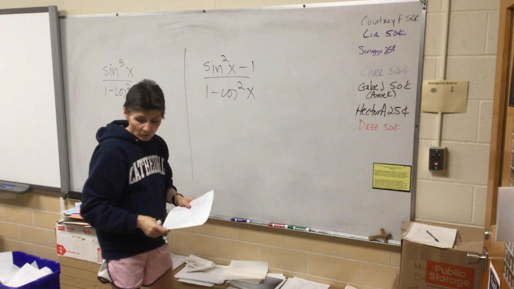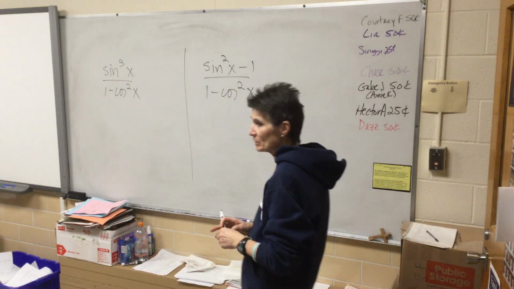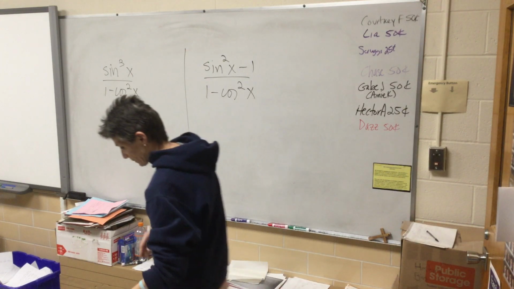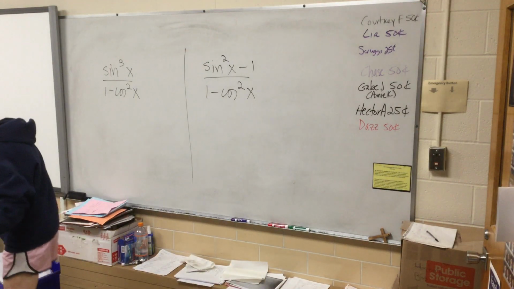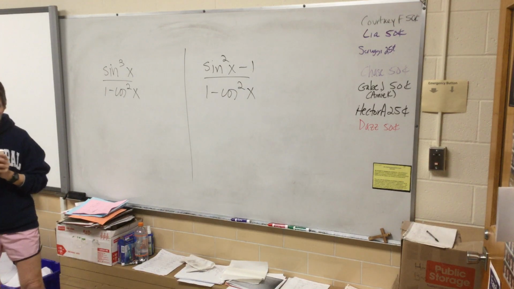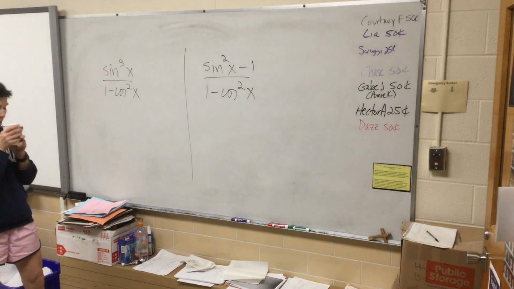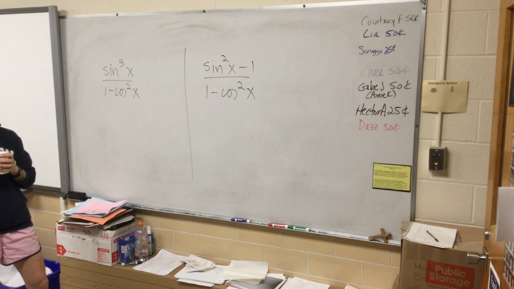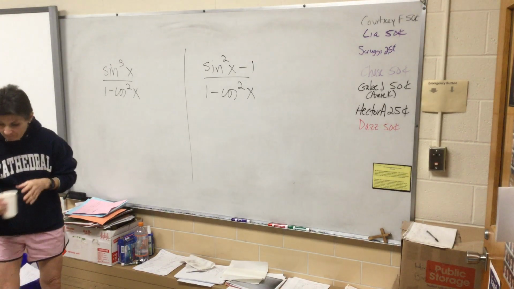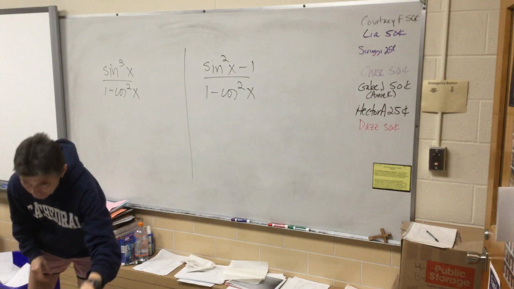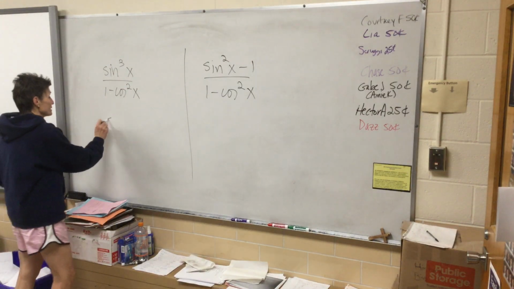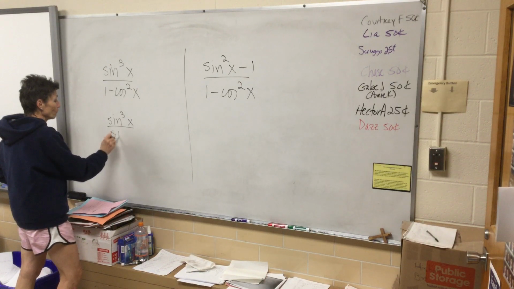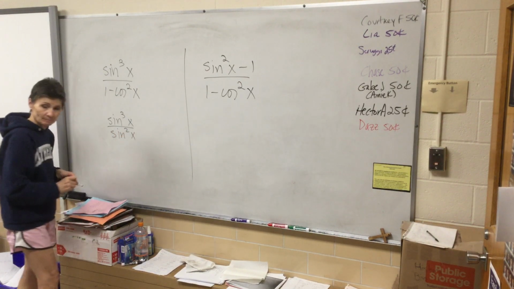So think about the one we did similar to this in the homework. Look at what you wrote on your colored sheet. 1 minus cosine squared equals sine squared. Exactly. So you have sine cubed over sine squared, right?